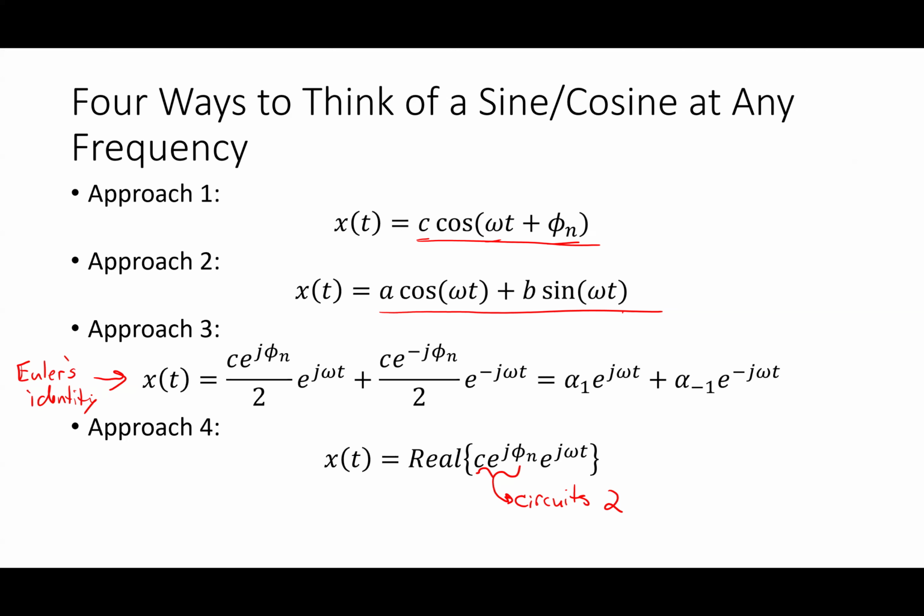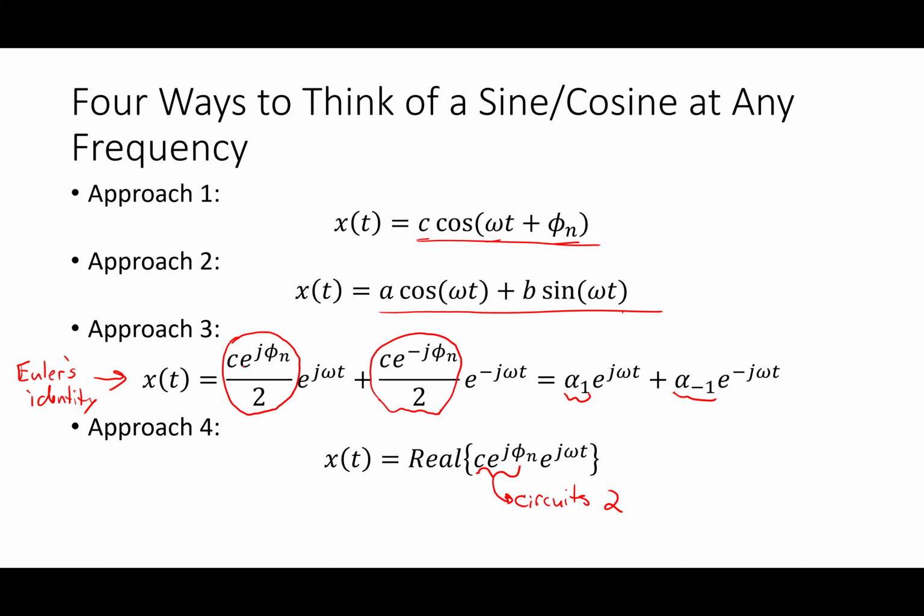What I do is I call this coefficient right here, C e to the j phi over 2, this coefficient alpha. And I write this guy here as the coefficient alpha minus. Now, if I looked at these numbers, in this particular case, the value of C is a real number.